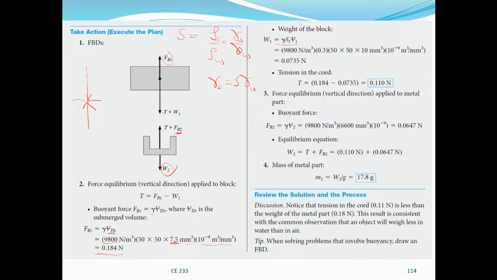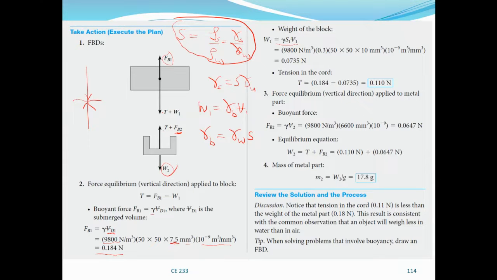So the weight of the block W1 is equal to the specific weight of the block times its volume. The specific weight of the block is equal to specific weight of water times relative density, obtained from this formula.